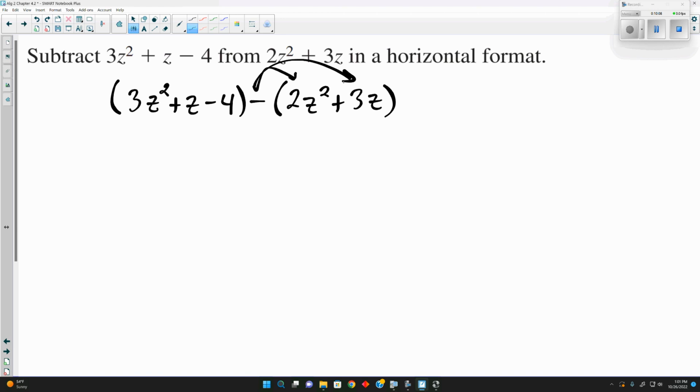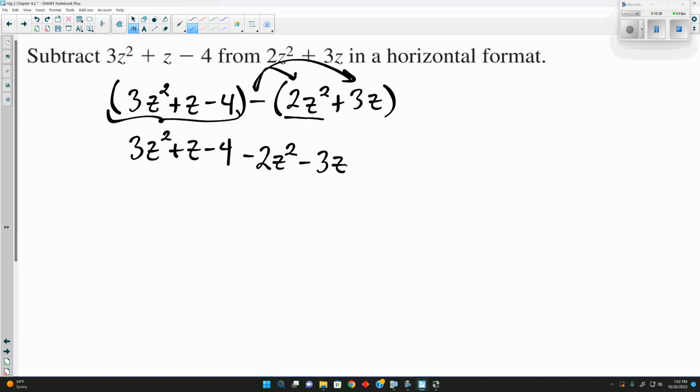Now, since there's a plus in front of our first set, our 3z squared plus z minus 4, it's still going to say 3z squared plus z minus 4. But our 2z squared is going to become negative 2z squared. Our 3z is going to become negative 3z. So we have to apply that negative to both.